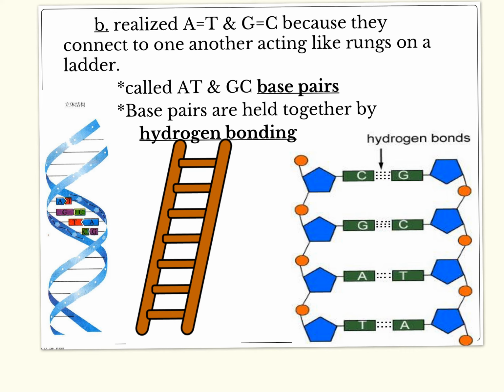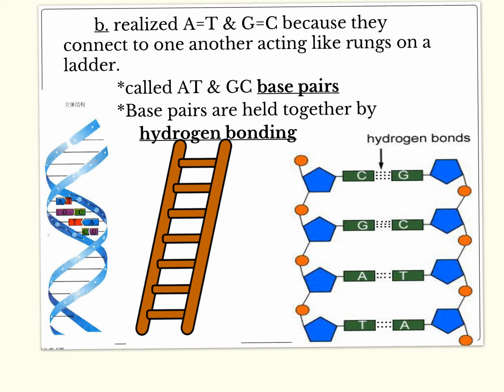You can see the sides of the ladder are the sugar phosphate backbones. So there's two sugar phosphate backbones in the DNA molecule. That's shown right here. Truthfully, we would simply say it looks like a ladder, but then if you take that ladder and you twist it, all of a sudden you see it's the double helix.